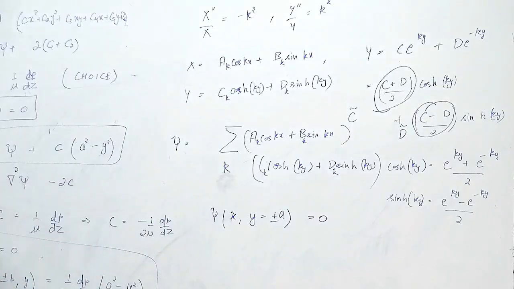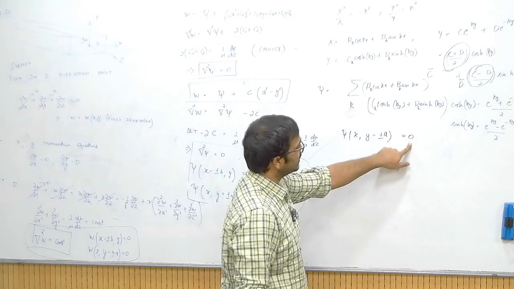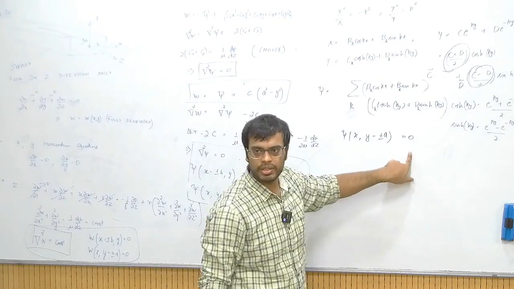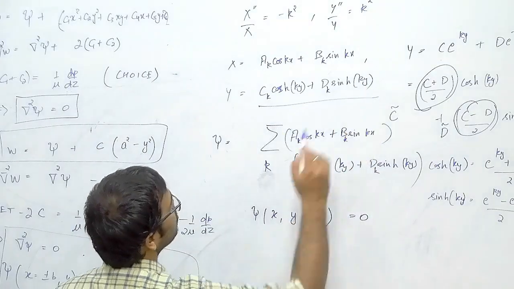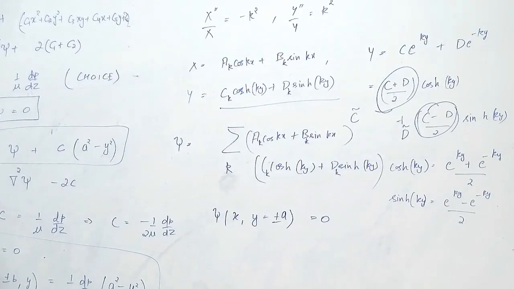Okay. So, if psi is like this, then you know that psi is an even function of y. Okay, psi is an even function of y. So, in these, what simplification can you make? If psi has to be an even function of y, so what can you say easily?